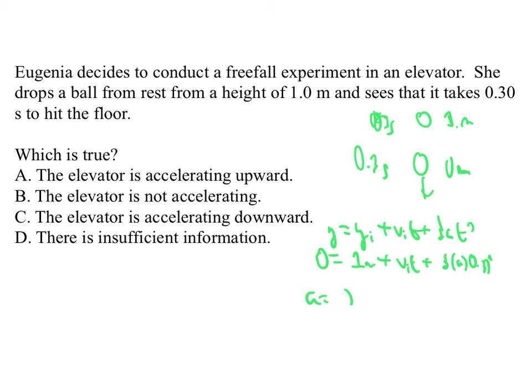So the acceleration is twice 1 meter over 0.3 seconds quantity squared, which is 22 and some. All right. Since the acceleration is much greater than the free fall value, the elevator must be accelerating upward. The floor must be coming up much faster to hit it than we expect if we were just to drop it.